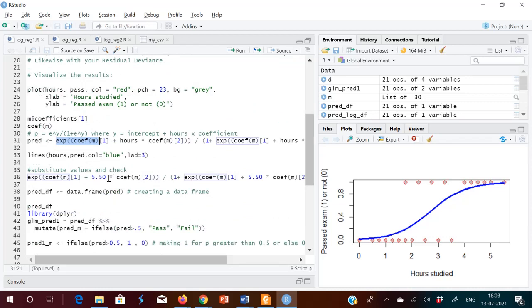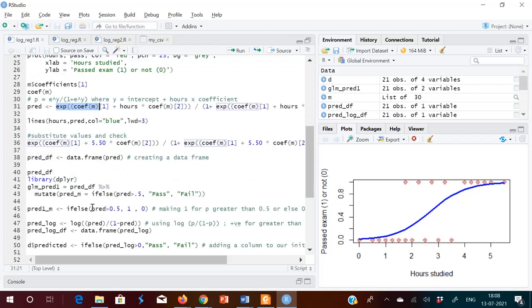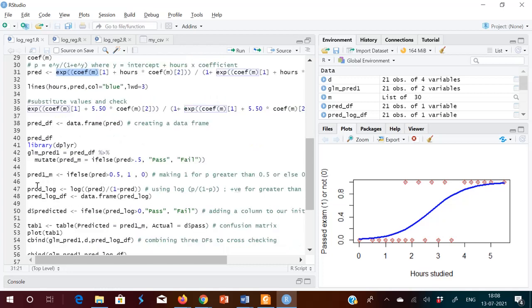And then this is just for cross checking, and then important ones only I'm telling. And then we found which all probabilities are greater than 0.5 and less than or equal to 0.5, and we stored it as 1 and 0. And this I used the log model, log of p by 1 minus p.